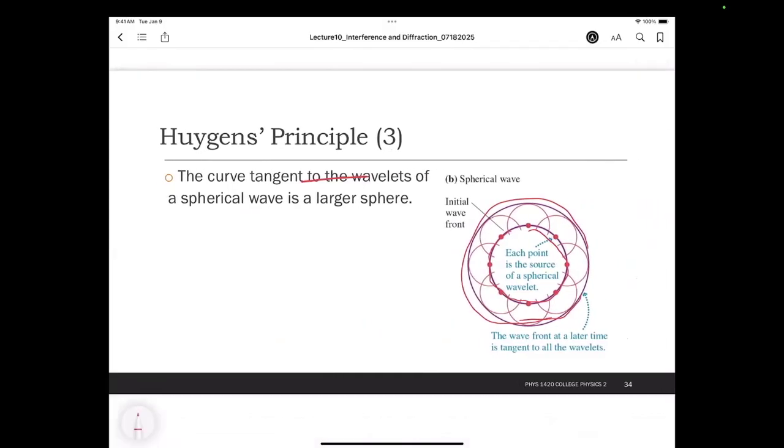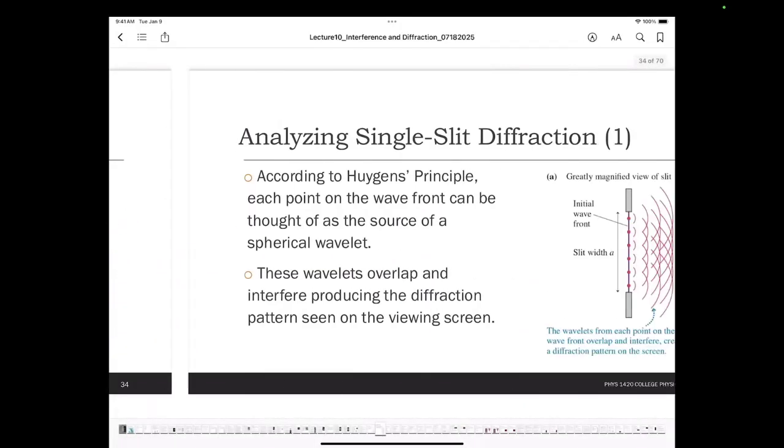The next one is the spherical wave. Here is a spherical wave: this is the initial front, and the later-time wavefront is tangent to all the wavelets. This is the Huygens principle.